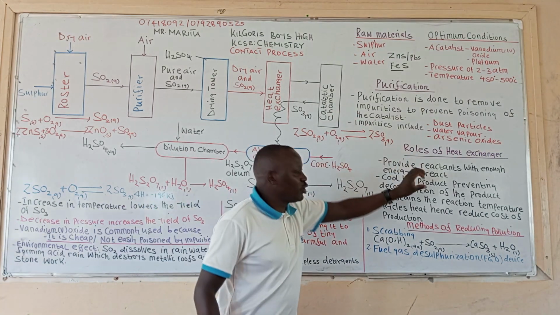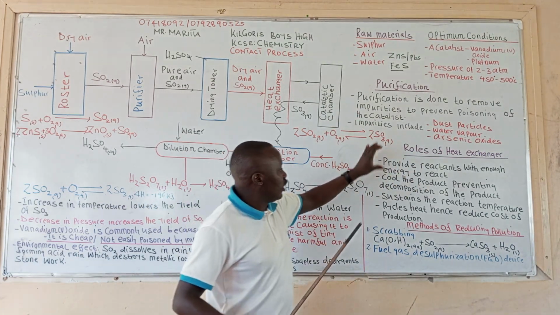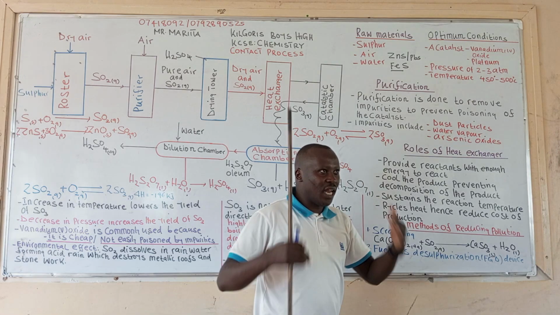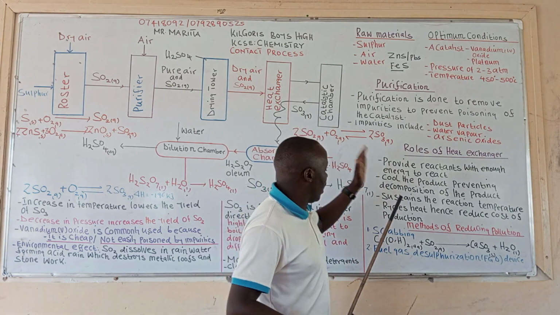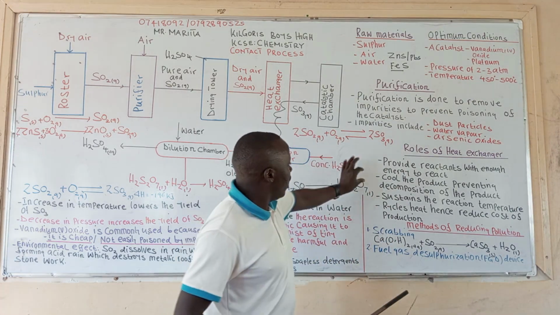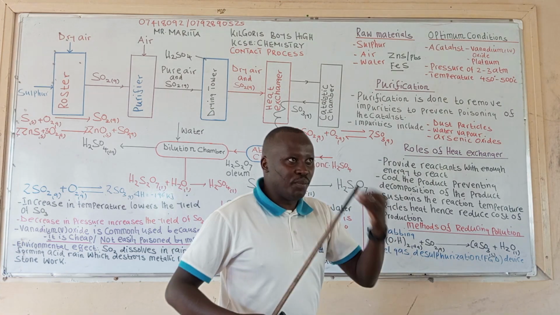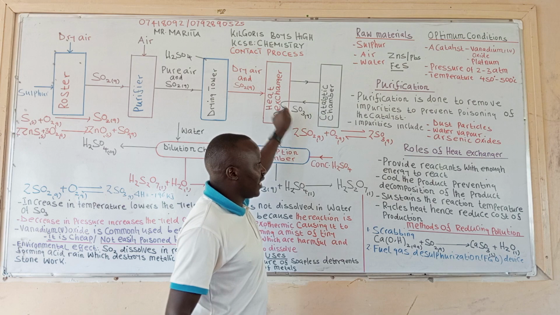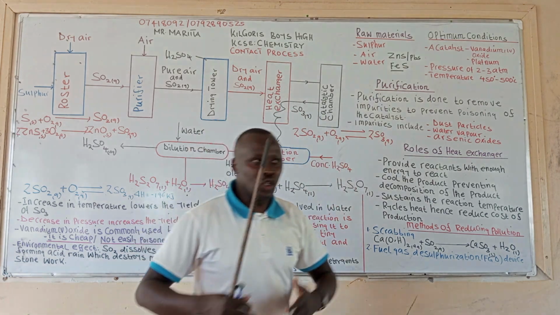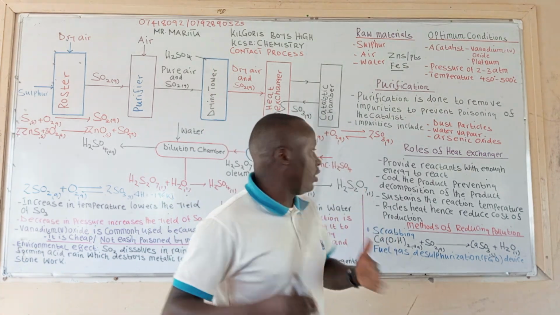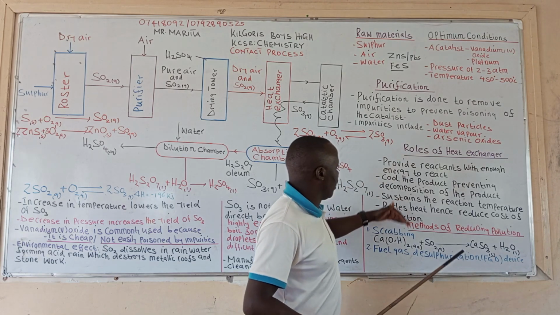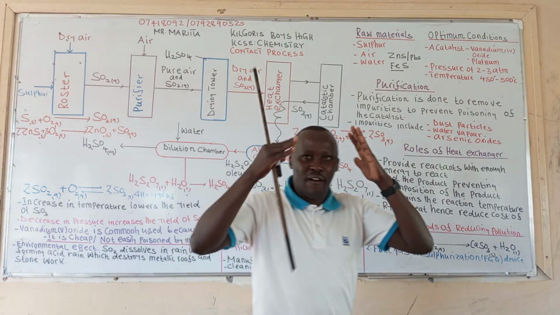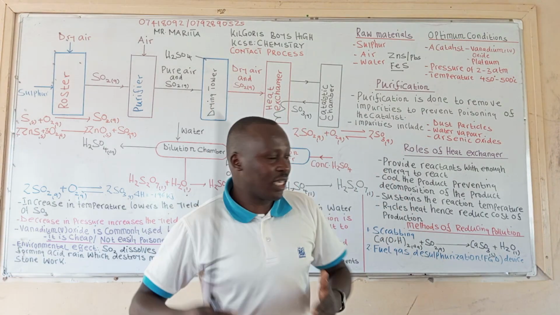So the purpose of the heat exchanger is to provide the reactants with enough energy to react. And again, it cools the product. The product in this case is sulfur 6 oxide. So the product, sulfur 6 oxide, can be cooled in the heat exchanger, preventing the decomposition of the product.